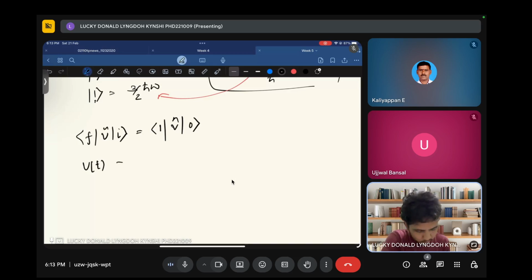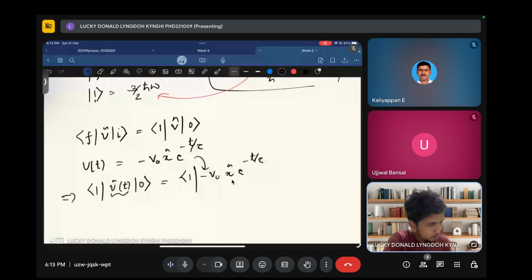So ⟨1|V̂(t)|0⟩ is equal to ⟨1|, and then V̂ you substitute with this, you get minus V0 x̂ e to the power minus t by τ, and then you take out the time-dependent term, which is not required, and you get minus V0 e to the power minus t by τ, and then ⟨1|x̂|0⟩.